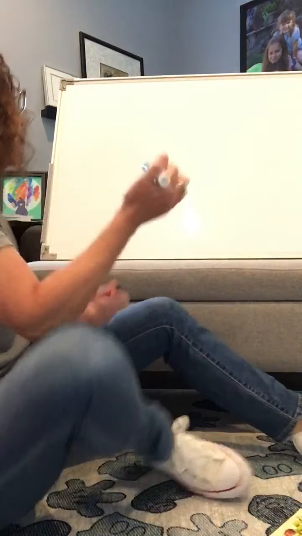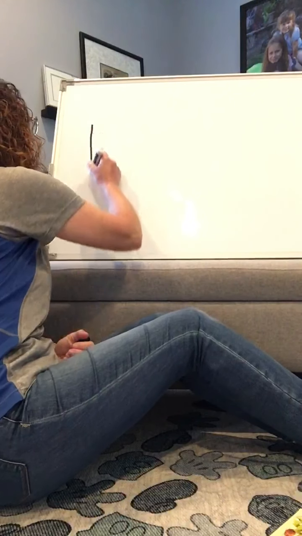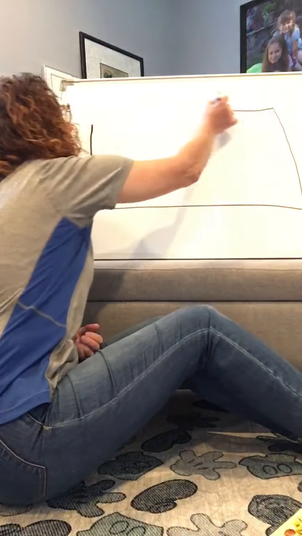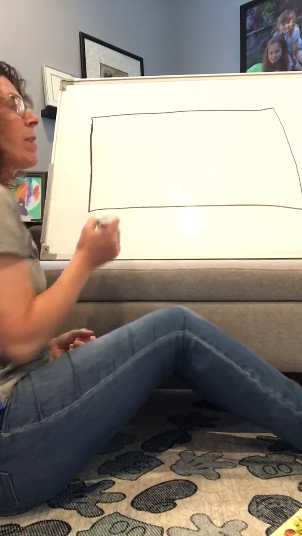What we're going to do today is make our thinking map. We're going to write down the characters and the setting of our story, okay? So I'm going to pretend that this is my thinking map.